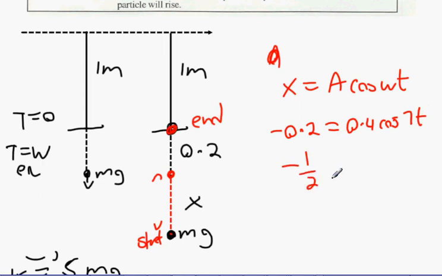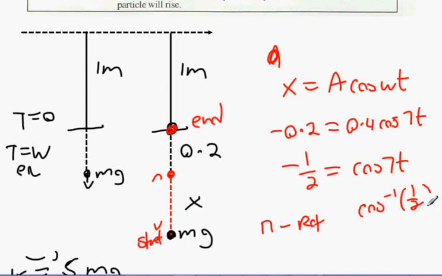Minus a half equals cos 7t. Cos inverse of minus a half, what do we get? It's going to be pi minus the reference angle. The reference angle is cos inverse of plus a half, which is pi over 3. So pi minus pi over 3 is 2 pi over 3.